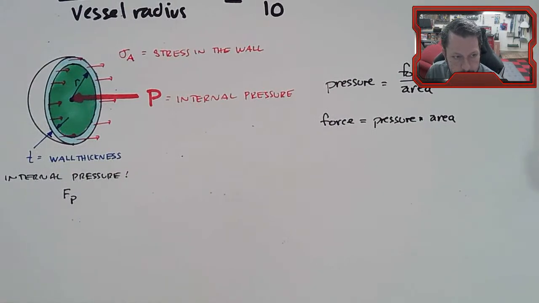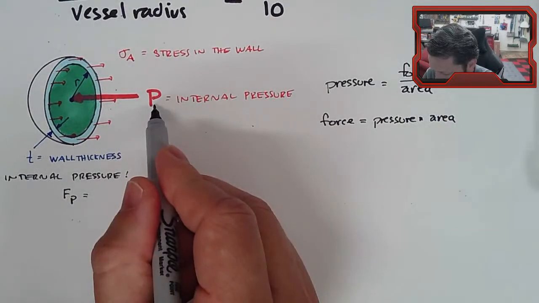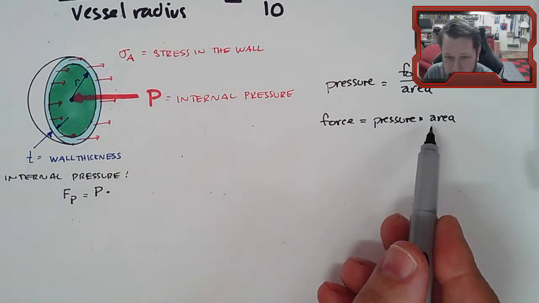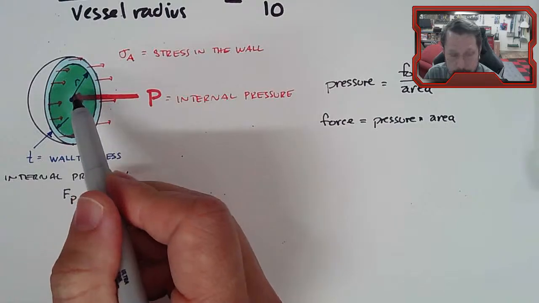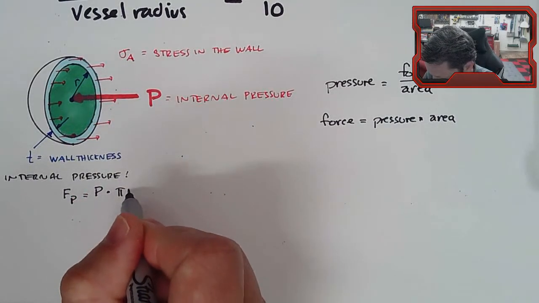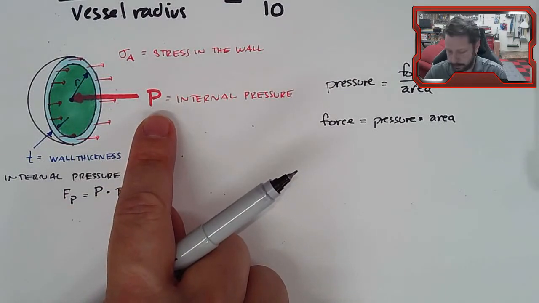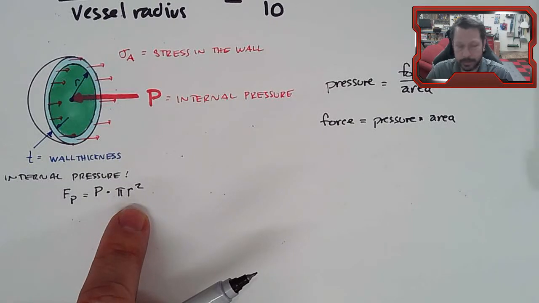We'll get all that on there. Force associated with P equals the internal pressure, which I've labeled as P, times the area that that pressure acts on, which is this green area here, pi r squared. So now we have a way to calculate the force associated with this pressure based on the pressure itself and the size of the pressure vessel.